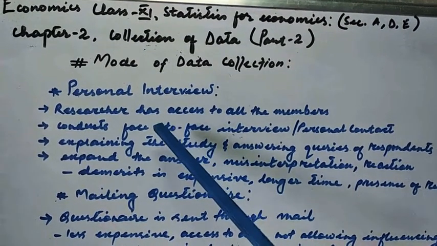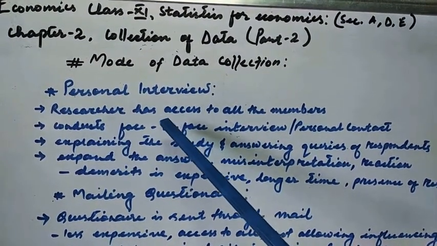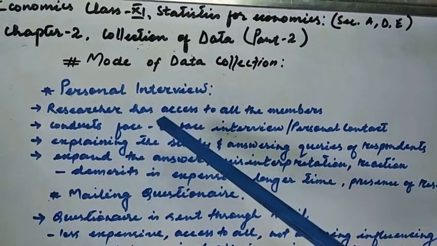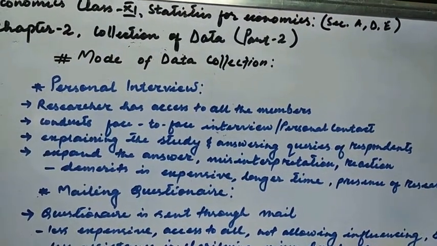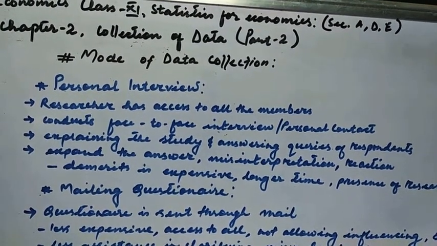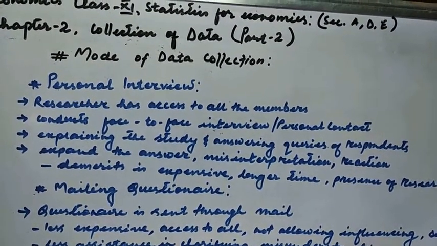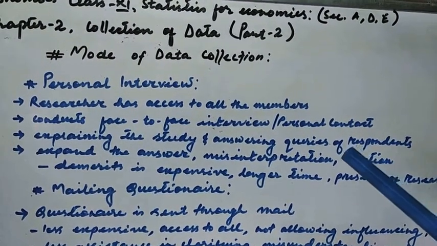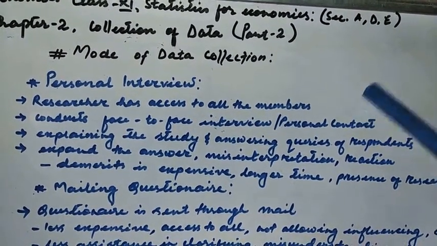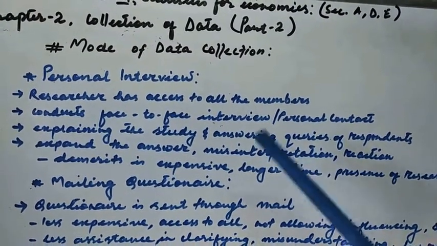For a personal interview, the researcher has access to all the members he wants to survey, and then he conducts a face-to-face interview, so personal contact is developed. This is one of the advantages.